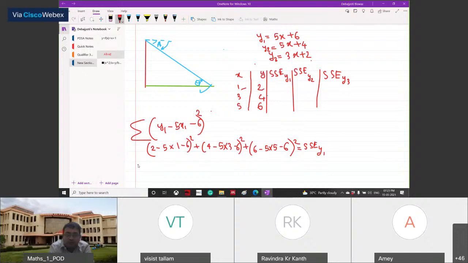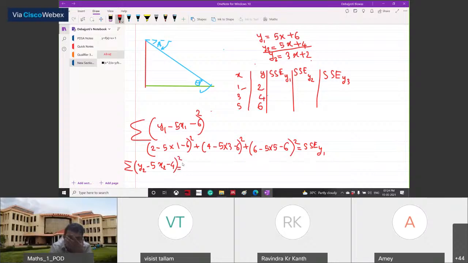Similarly, what you do is the summation of y2 minus this equation. This equation: y2 minus 5x2 minus 4 whole square.